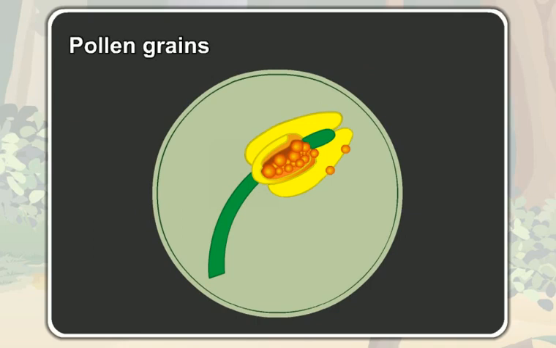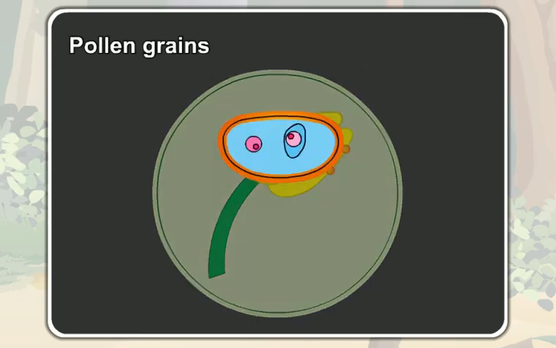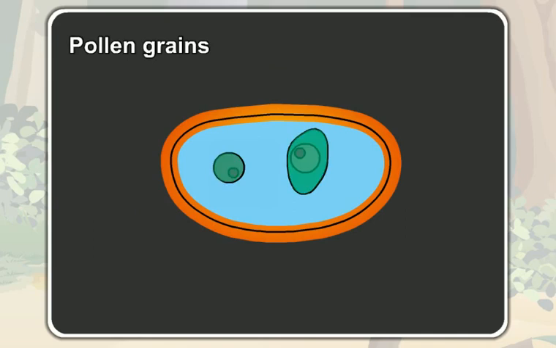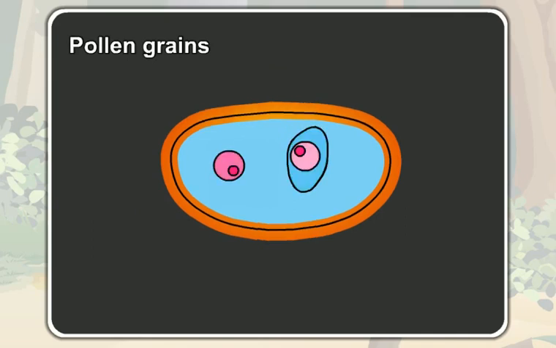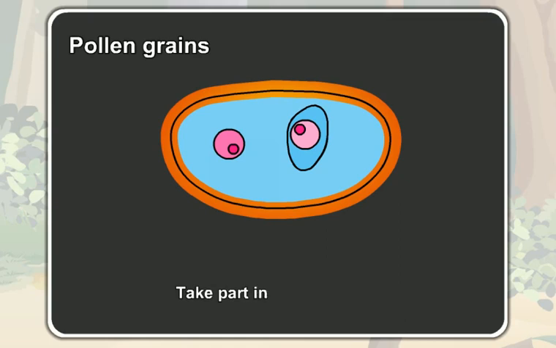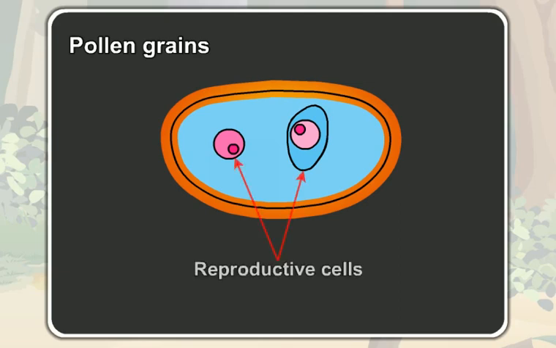A pollen grain produces a kind of cell inside it. These cells take part in reproduction. So, they are called reproductive cells. Reproductive cells are also known as gametes.